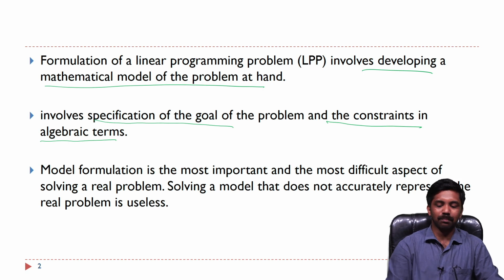It is the most important and the most difficult aspect of solving a real problem, because errors can come at any time. We may miss a decision variable, or miss certain constraints, or wrongly pick some coefficients. If any such errors happen, it will not represent the actual problem scenario at the ground level.